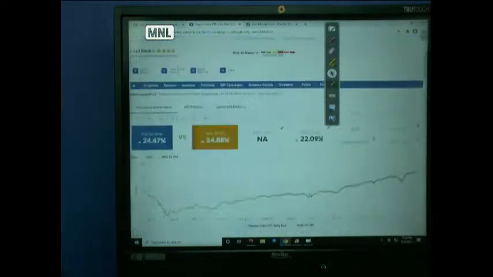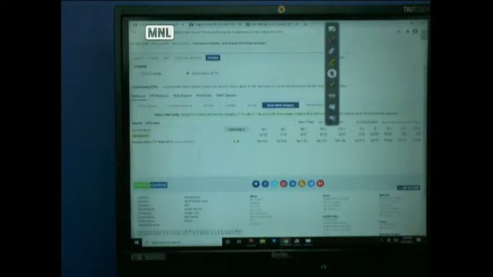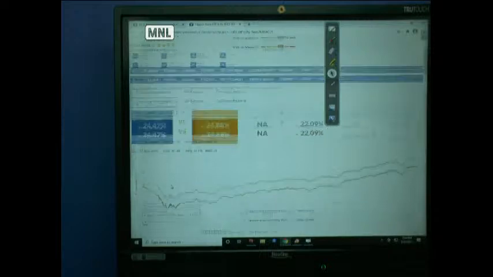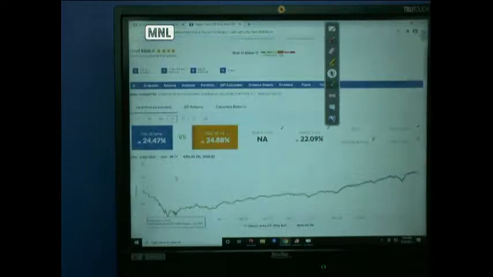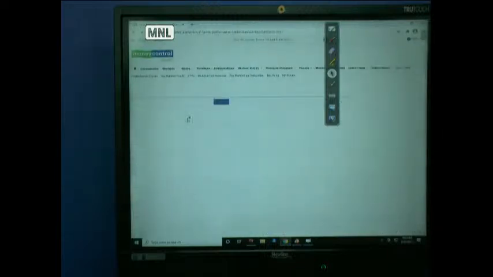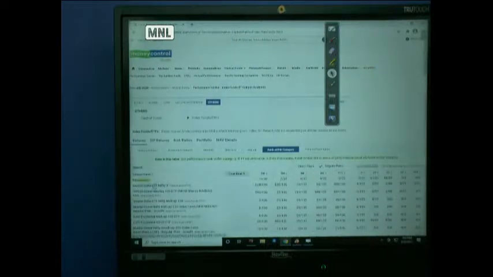So let's look at the same thing. Nippon India ETF Nifty IT.